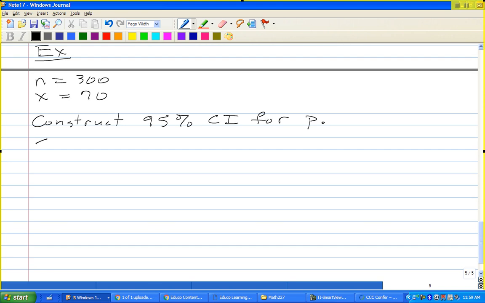So let's do this. So n is 300, x is 70. Let's see if the normal approximation is applicable. So let's check.